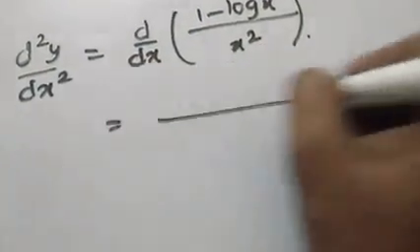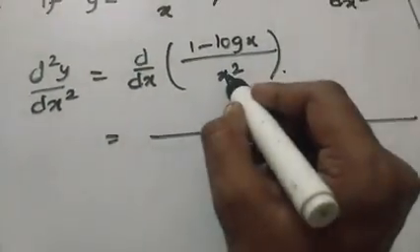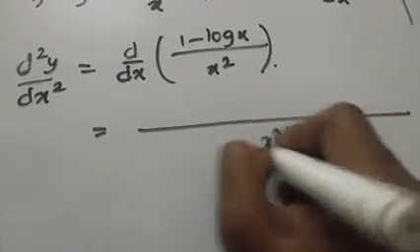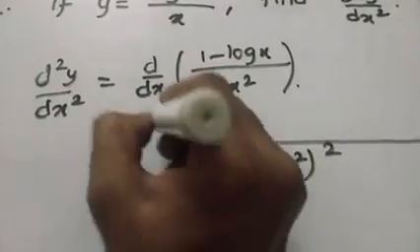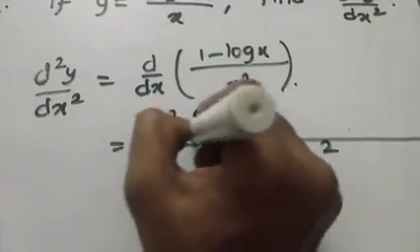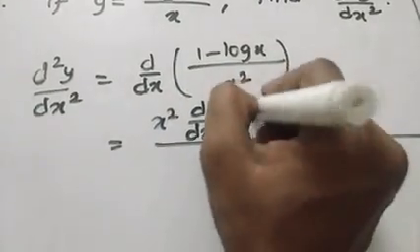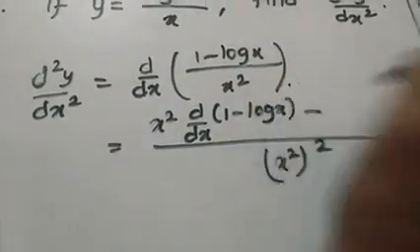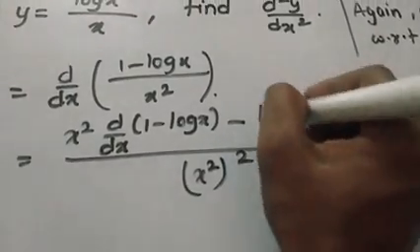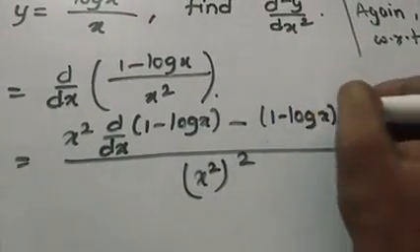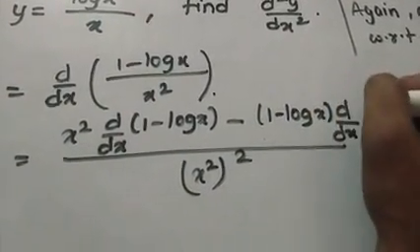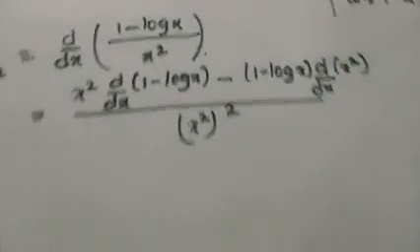What is the denominator here? x square. Now x square whole square. Starting with the denominator part, d/dx of (1 minus log x) minus, now just interchanging them, d/dx of x square.